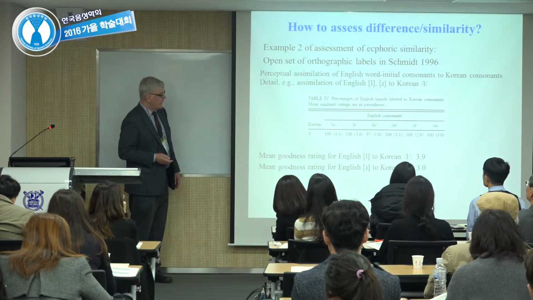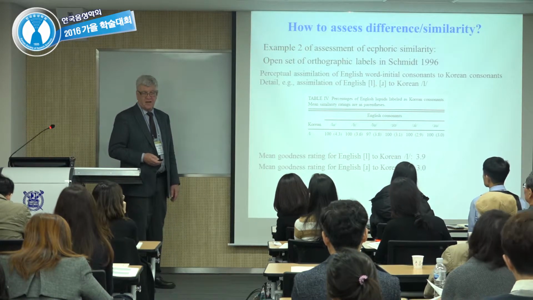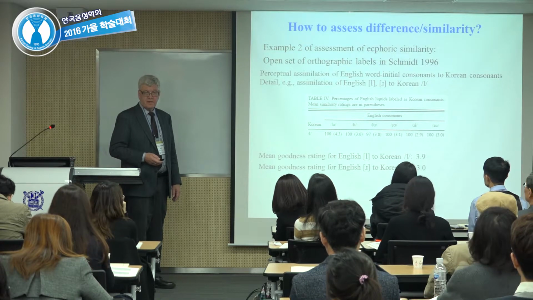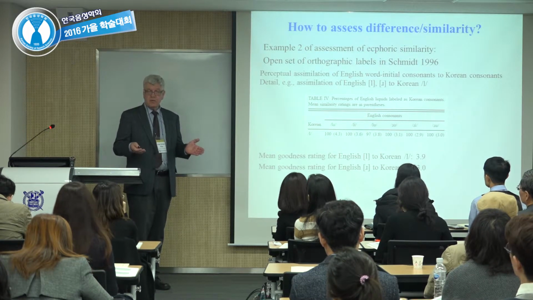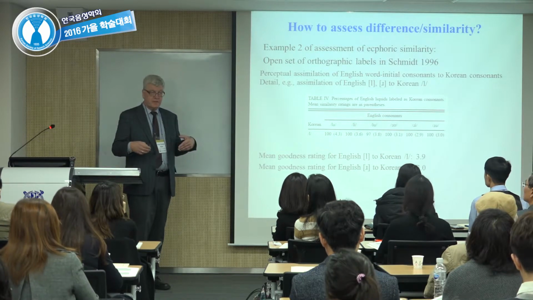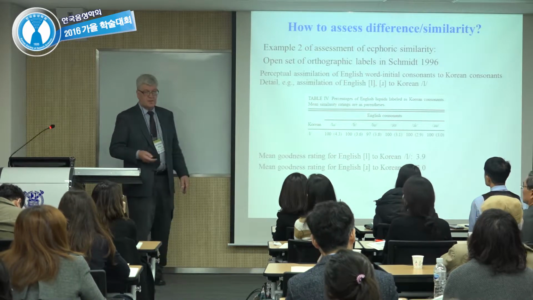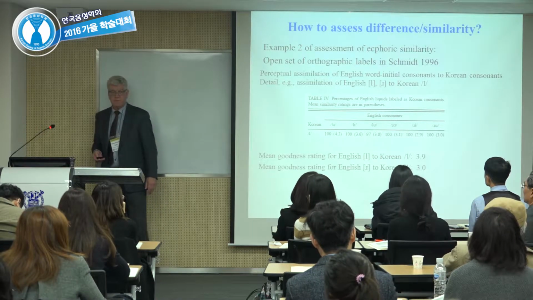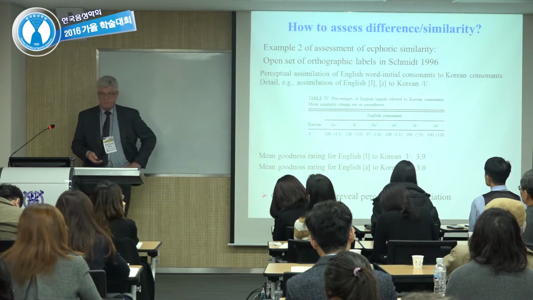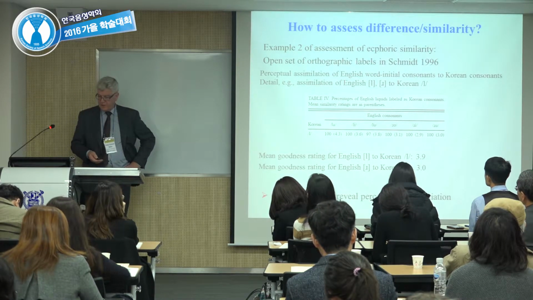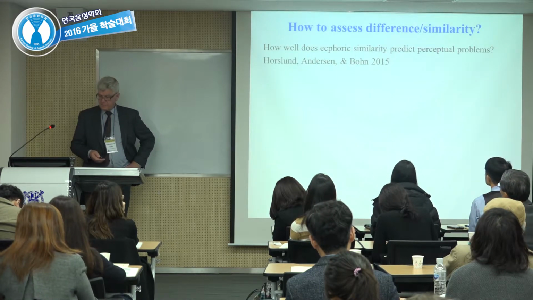You like L as an instance of Korean L, and you don't really like R as a Korean instance of Korean L. So you make a difference in goodness ratings, which strongly indicates that you hear a difference. You just label it with the same Korean consonant, but you can hear a difference. Difference ratings, this is definitely significant, 3.0 and 3.9. So goodness ratings do reveal perceptual differentiation, especially if it's done in various vowel contexts.